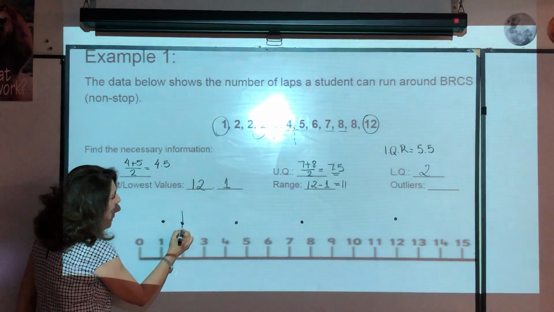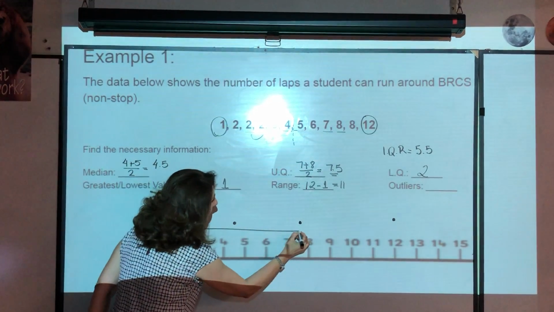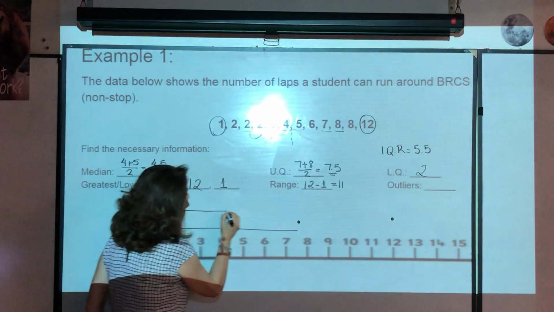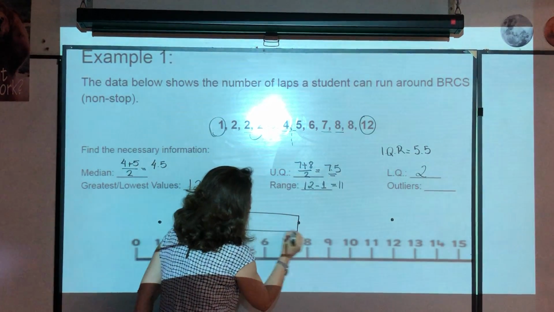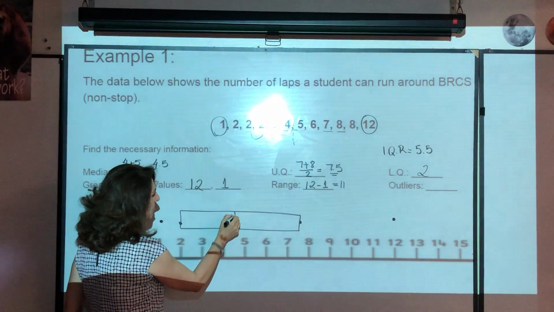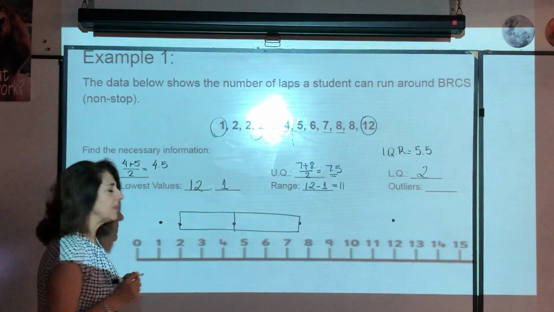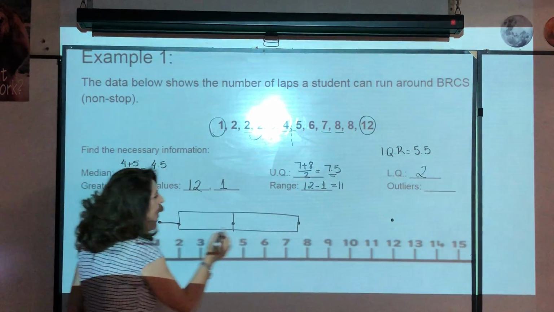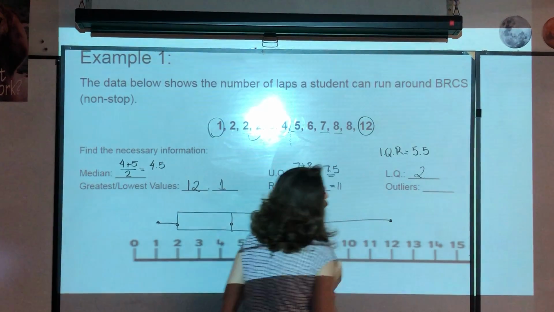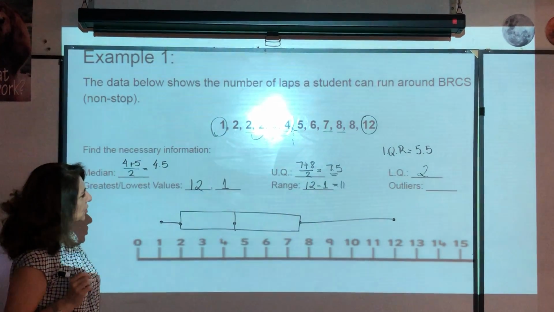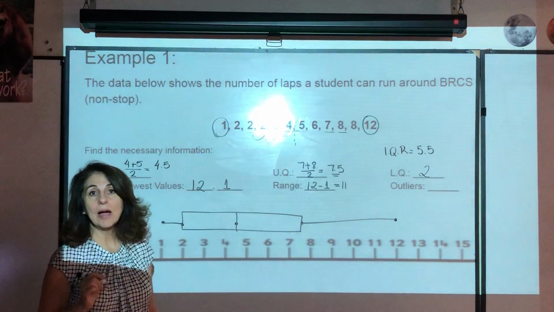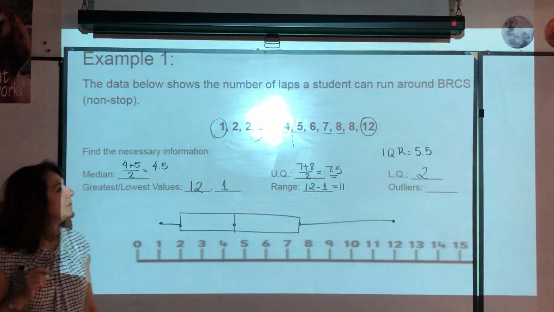So I get the points that are right here. They go from the lower quartile to the upper quartile. I divide with the median and I do my whiskers here. Okay, no outliers for this example.